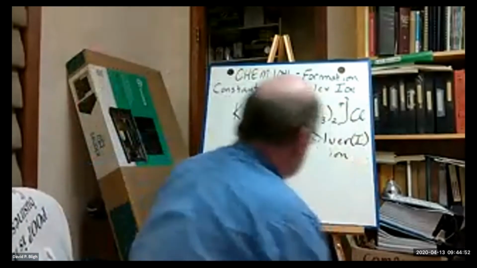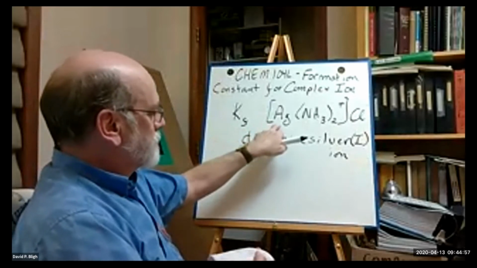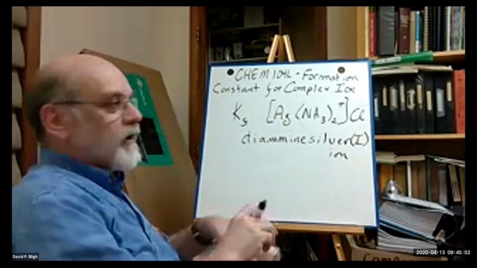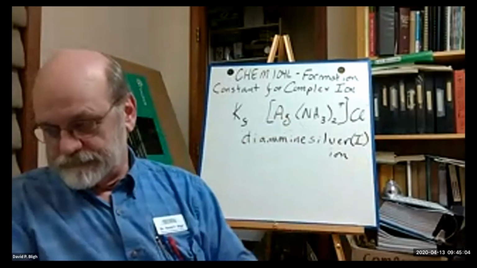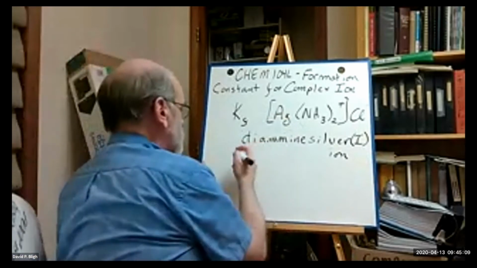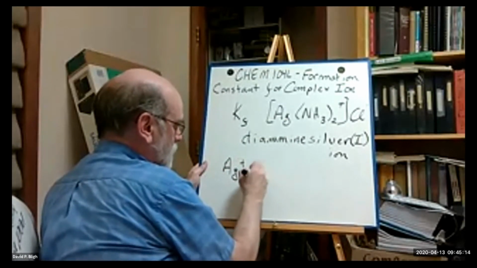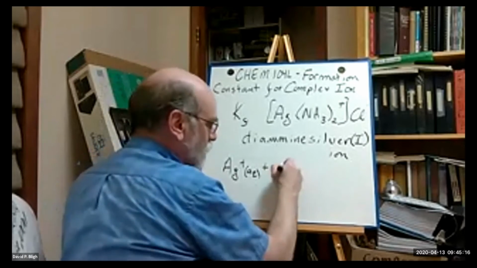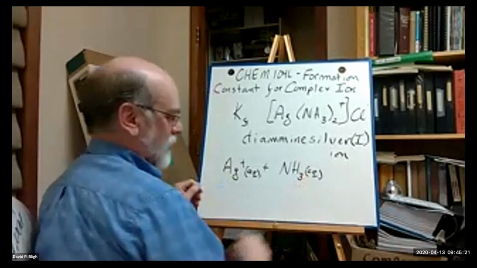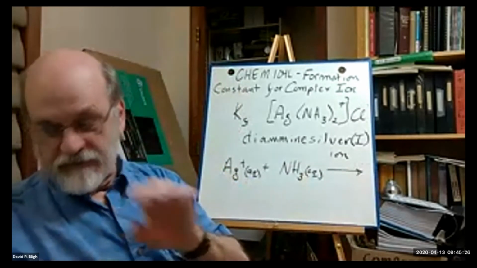All right. So we want to find the formation constant of this species, right? And how does that species form? So the species forms with a silver ion in solution, and then we add ammonia in solution, and it produces that ion.